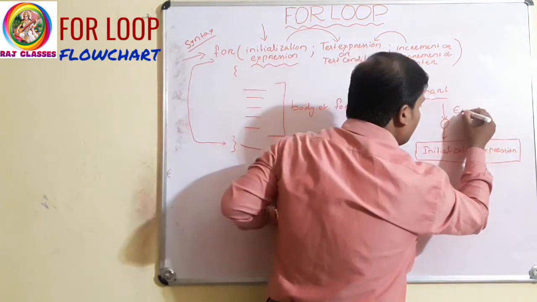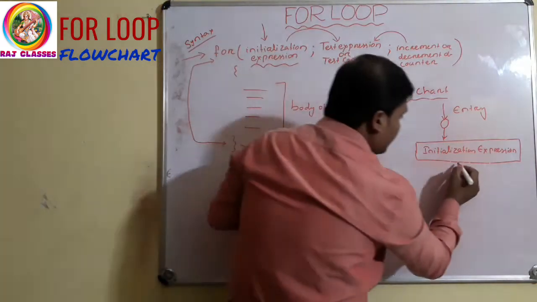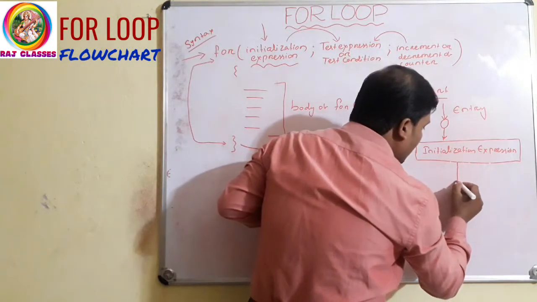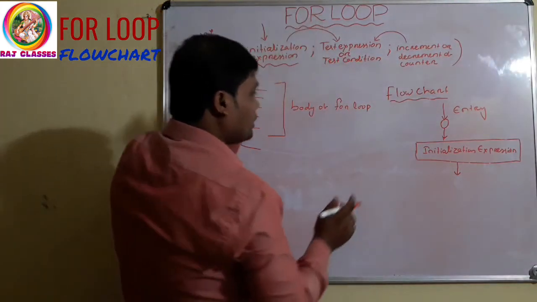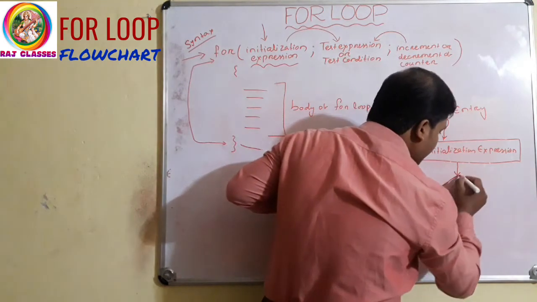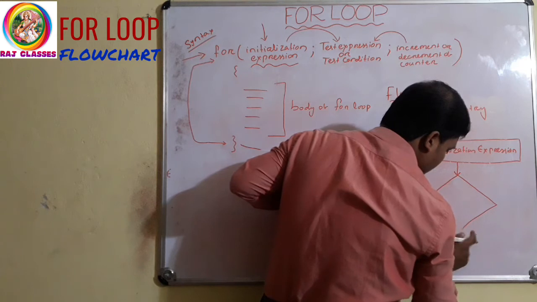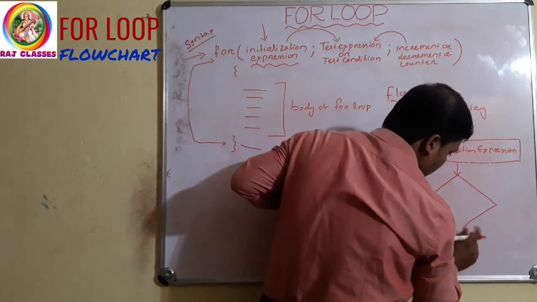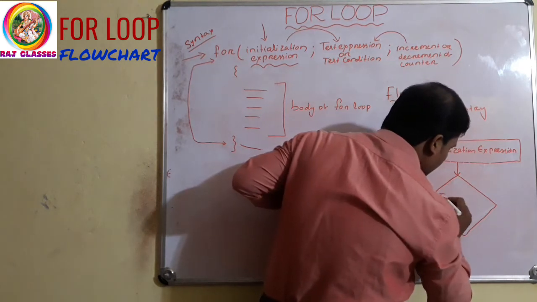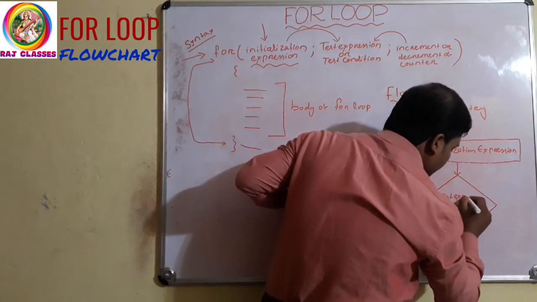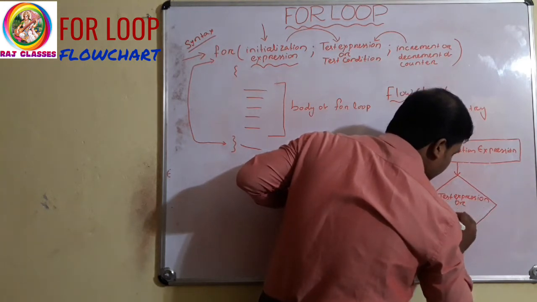This is the entry to the loop. Clear? Then what will happen? Control will go to which part? The condition part, the test expression or test condition.